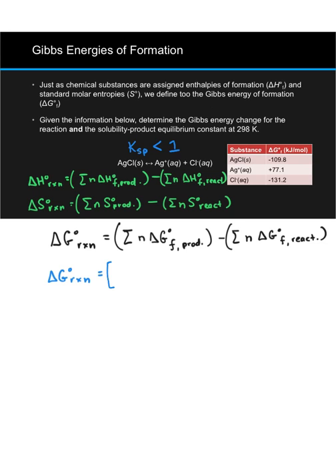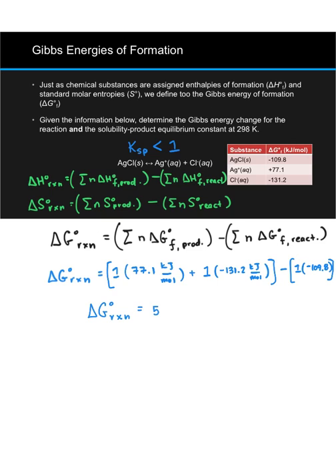Our first product, silver cation, of which we only have quantity 1 mole, and standard Gibbs energy of formation of positive 77.1 kilojoules per mole, plus 1 for chloride times its standard Gibbs energy of formation, negative 131.2, all subtract 1 times the standard Gibbs energy of formation of silver chloride, negative 109.8 kilojoules per mole, gives us an overall Gibbs energy of reaction equal to 55.7 kilojoules per mole.